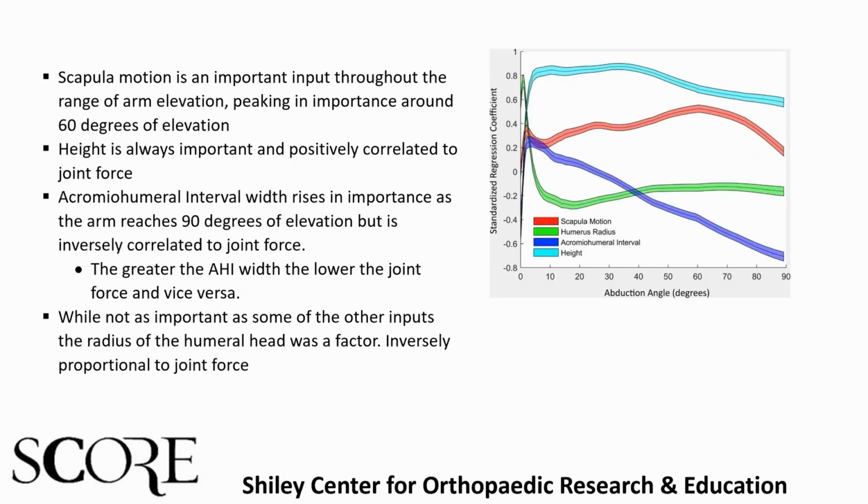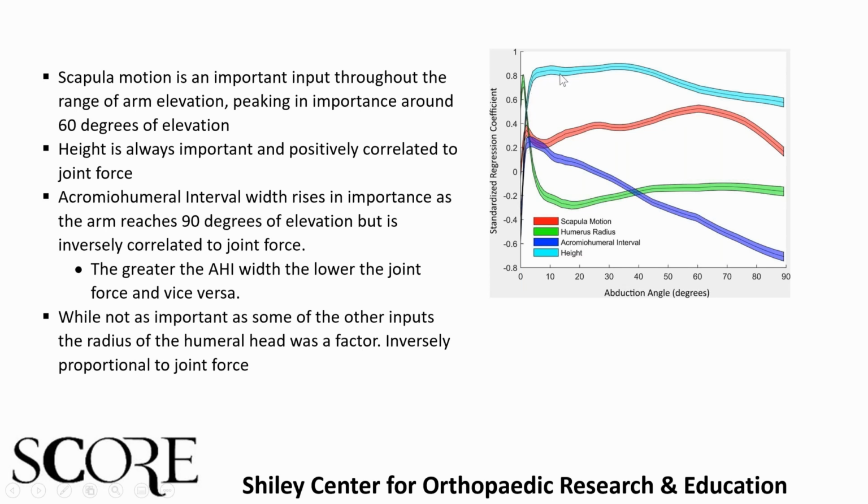So again, here's the take-home message, right? The scapular motion is an input parameter throughout the range of motion, and its importance changes as the arm rises, peaking around 60 degrees of elevation.